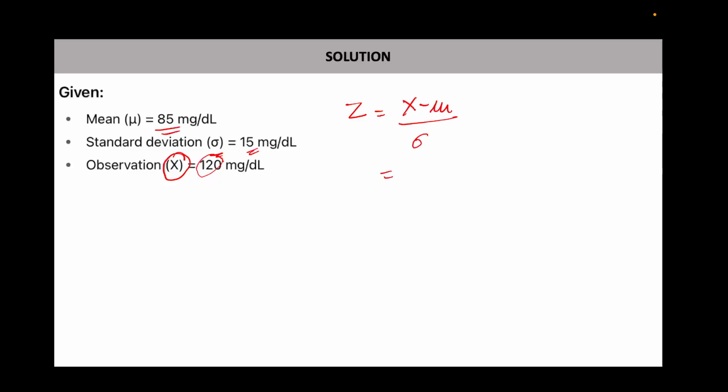It's very simple. You put the values: 120 minus 85, the mean, upon the standard deviation 15. If you solve it, it is 35 by 15, which is approximately 2.33 or 2.34. So this was very simple to solve.